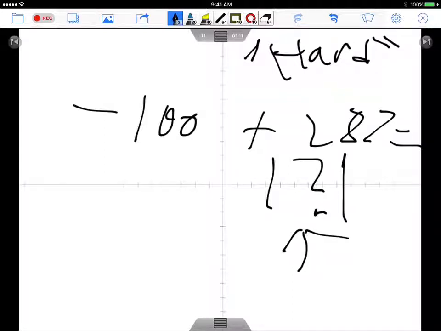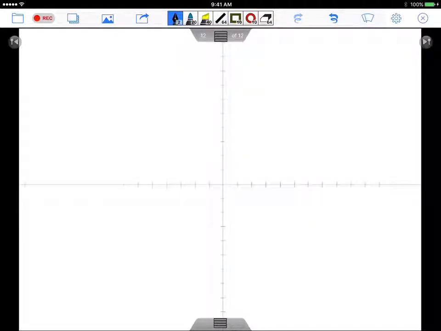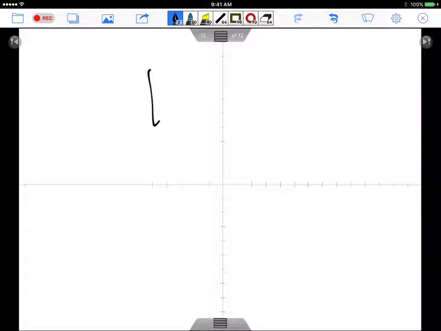What is the absolute value of the answer to this problem? I'll give you some time. Give you like 10 seconds. You should have figured it out. It was 187. You should have got that.